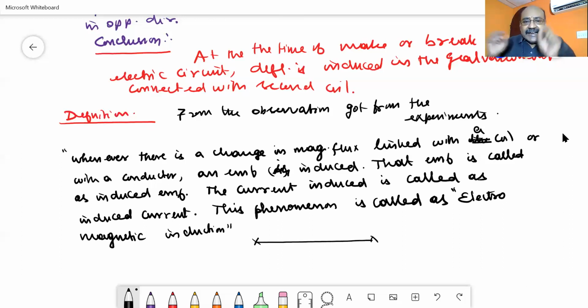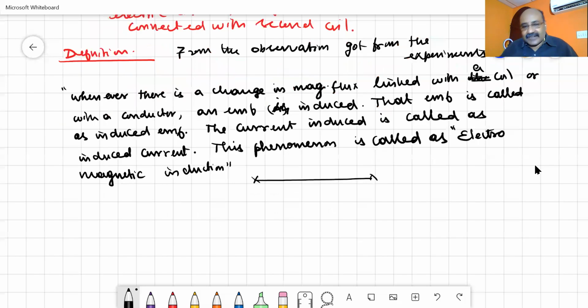Whenever there is a change in magnetic flux linked with a coil or any conductor, then due to the change in magnetic flux, an EMF is induced in that coil or conductor. That EMF induced is called induced EMF, and the current induced is called induced current. And this phenomenon is called electromagnetic induction.